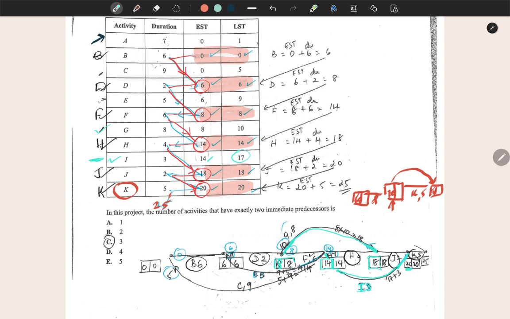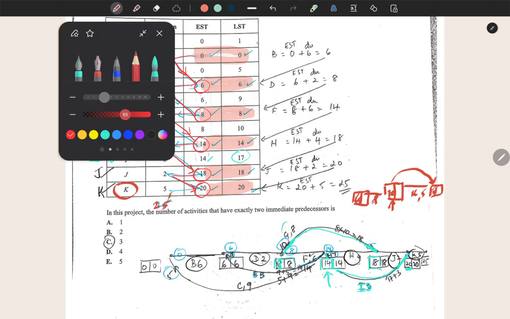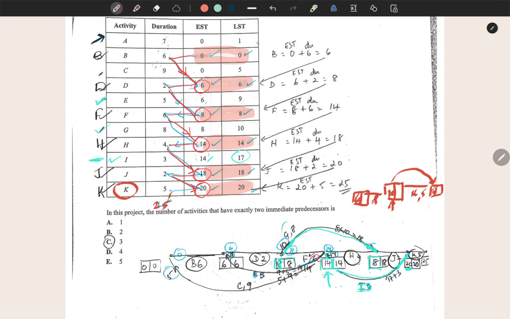The next one we look for is activity E. The latest start time is 9. Its duration was 5. So 9 plus 5 is 14. So we go to the box which says 14 as the earliest start time over there, and take the edge from there backwards. Sorry, just a second.